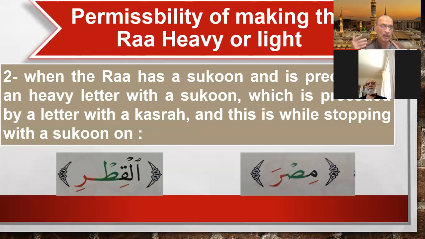You remember, Ra with a fatha is heavy, fatha or damma heavy, kasra light. مصر when continuing, only one way, heavy, but when stopping مصر or القطر, two ways, light or heavy.